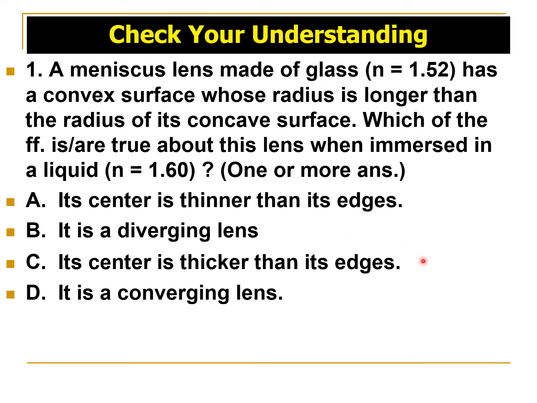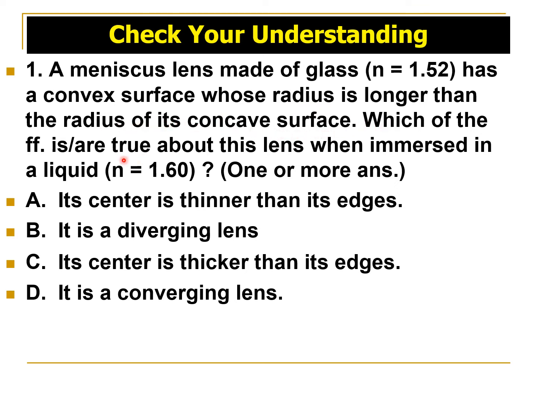Let me now check your understanding after discussing two examples. Let's have this multiple choice question. A meniscus lens made of glass whose index of refraction equals 1.52 has a convex surface whose radius is longer than the radius of its concave surface.